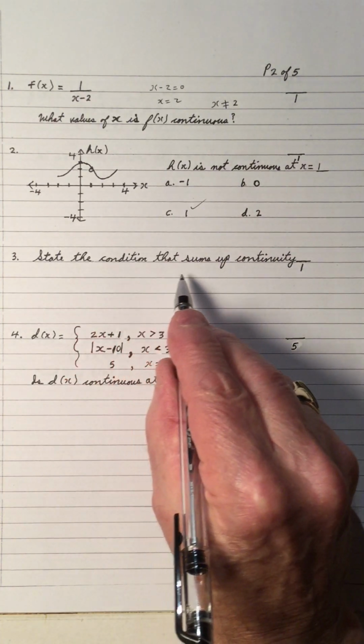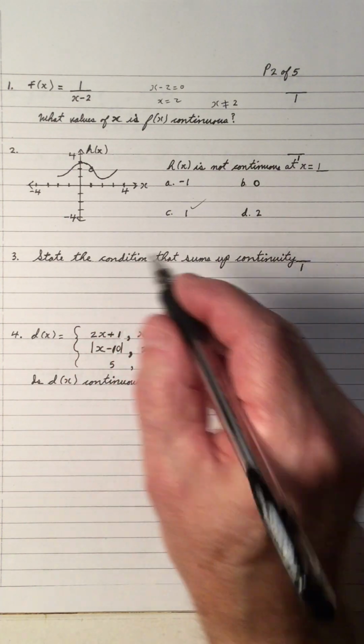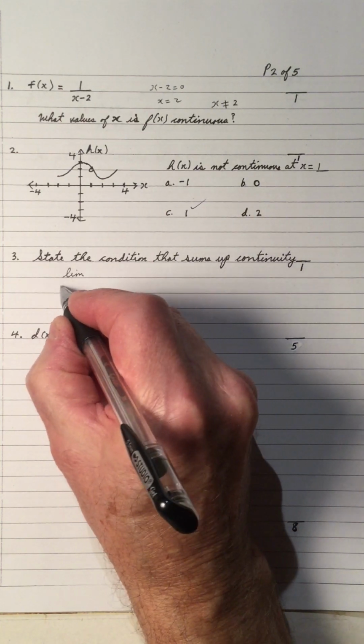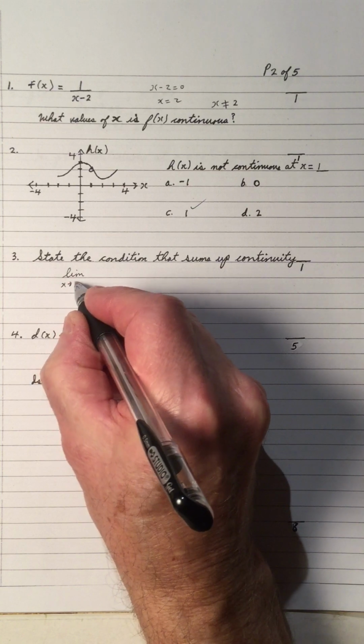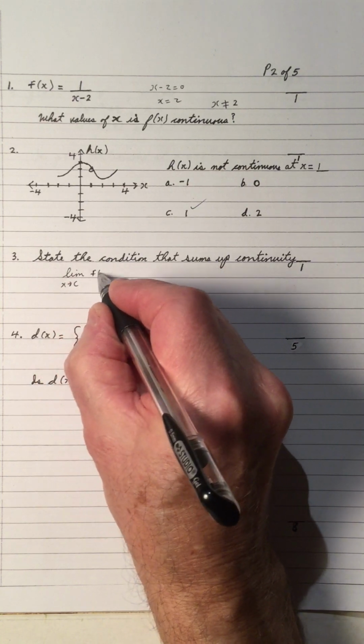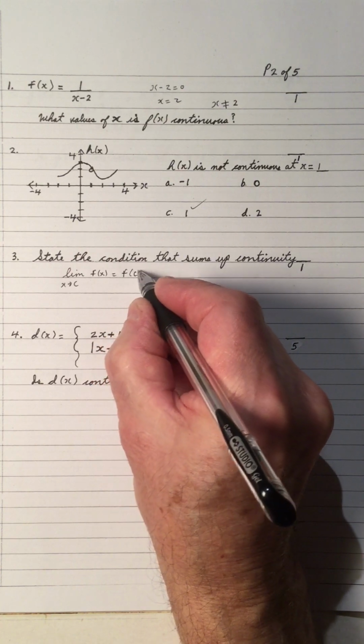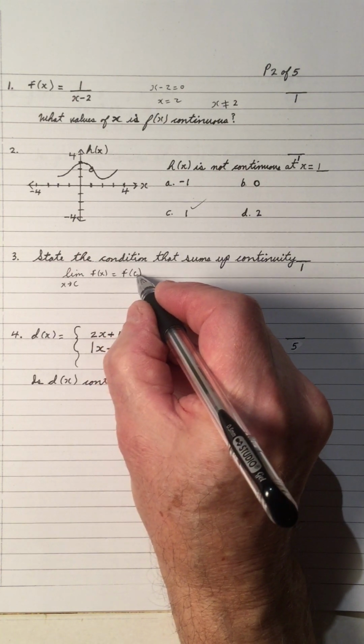State the condition that sums up continuity. The condition is that the limit as x approaches c of f of x equals f of c. So f of c means it's defined.